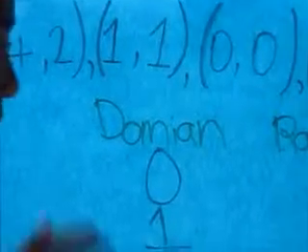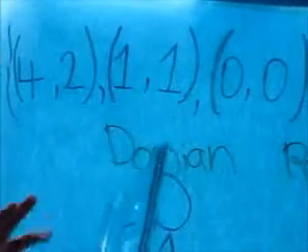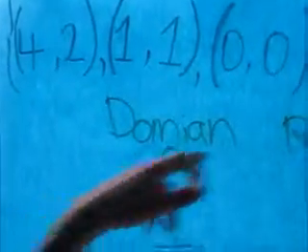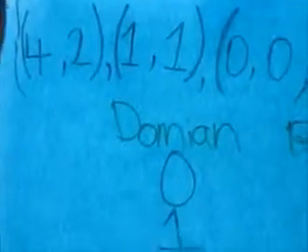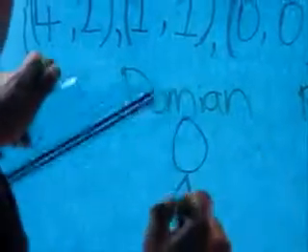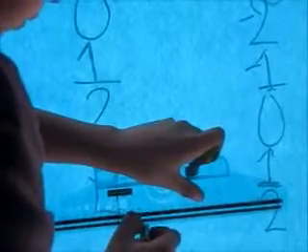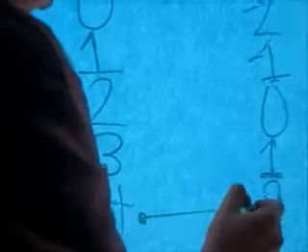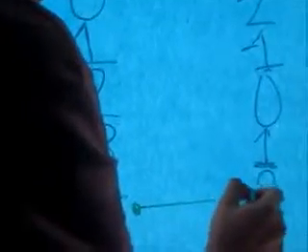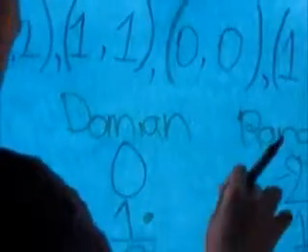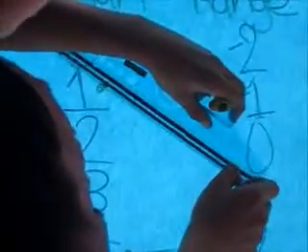Exercise 3. In this exercise, we have to identify again the domain and the range, and say if this is a function. So we place here the 4 as the domain and the 2 as the range, so we draw a line that goes from 4 to 2. The 1 is the domain and the range is 1.